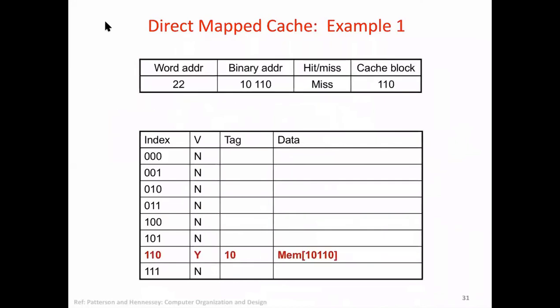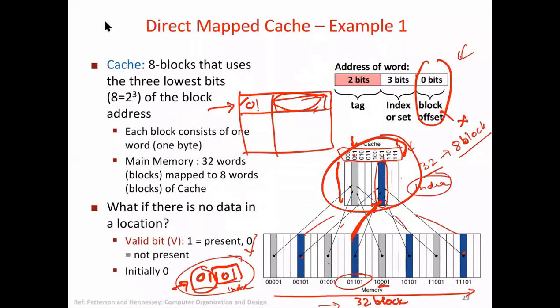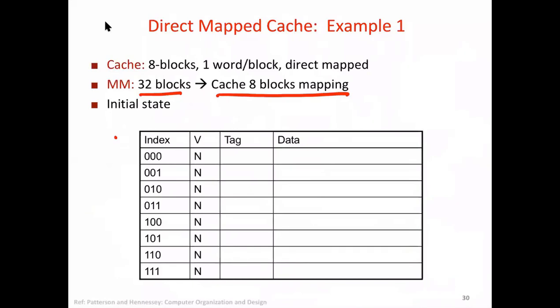Let's assume there is a request for word 22 from the CPU. Its binary address is 10110, and we use the lower 3 bits as the index, because these will repeat. I'm sorry, I skipped ahead; this is the initial state.